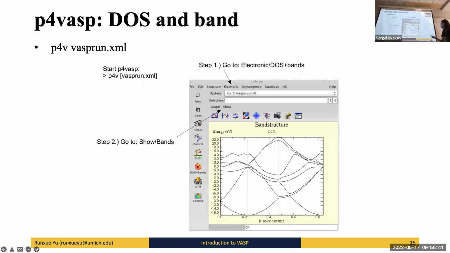So if you just want to quickly check the density of states and the band structure, and you do not want to deal with the data I have shown you before, then you can just use this one. But if you want to have a very beautiful plot, then you have to plot it by yourself.